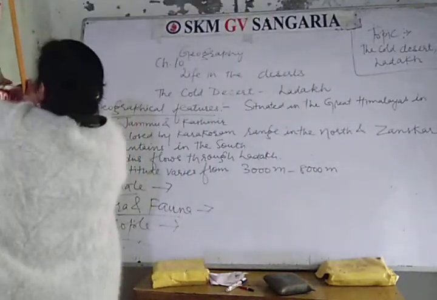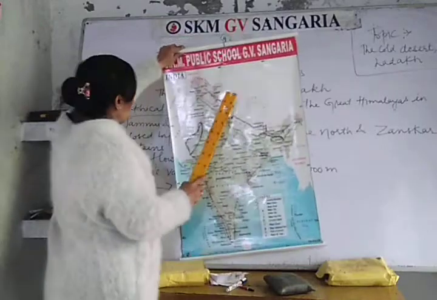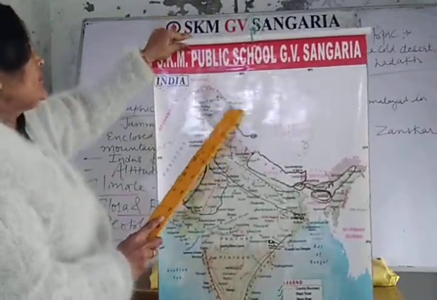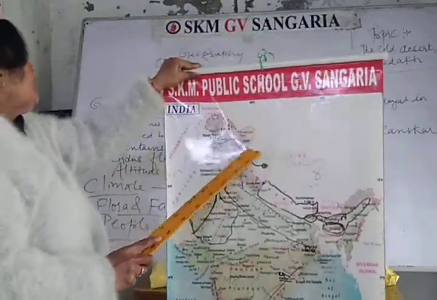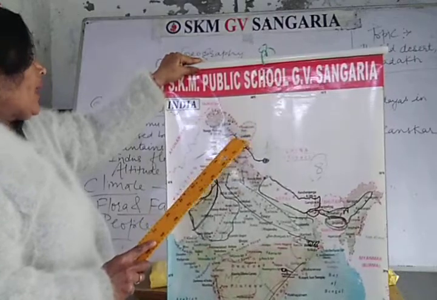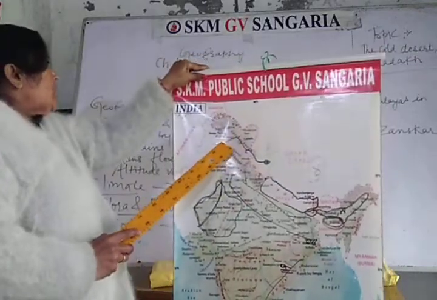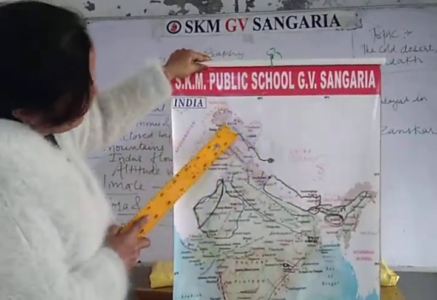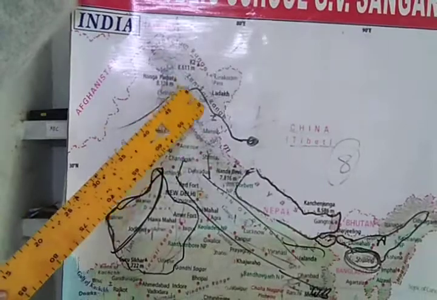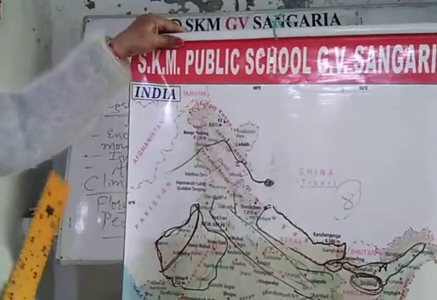This is situated in the Great Himalayas in Jammu and Kashmir, enclosed by the Karakoram Range in the north and the Janskar Mountains in the south.